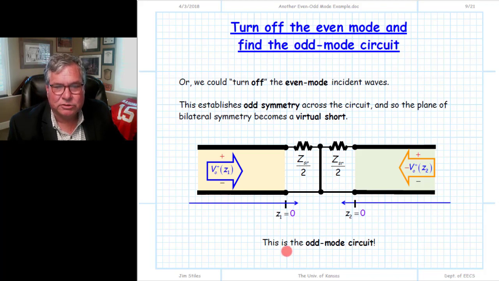So this is our odd mode circuit, and because we have odd symmetry, the plane of reflection symmetry becomes a virtual short. And so now we have connected this point on this transmission line to that point on the transmission line with a conductor such that there's no voltage drop from one side to the other. So for every point along this virtual short, the potential difference between one point and the other is equal to 0.